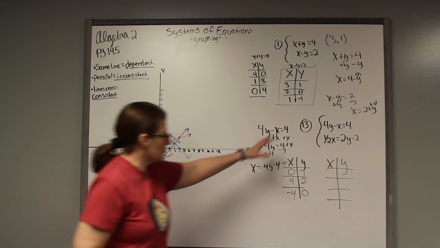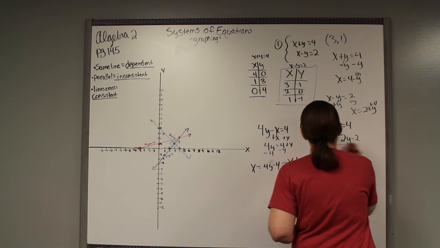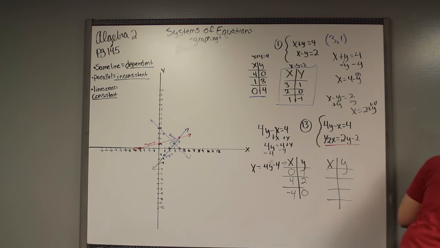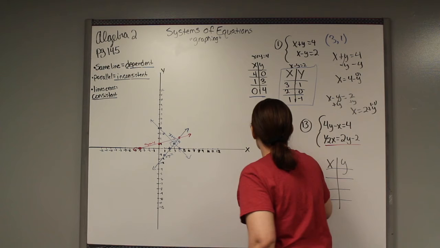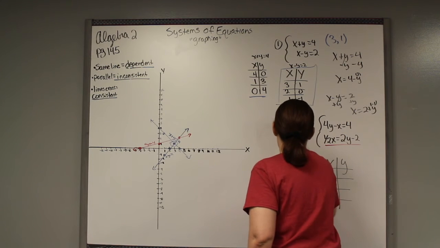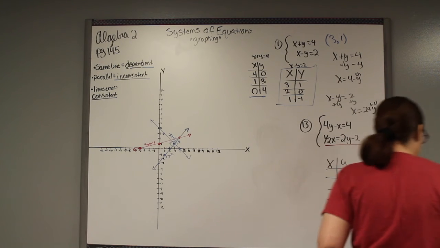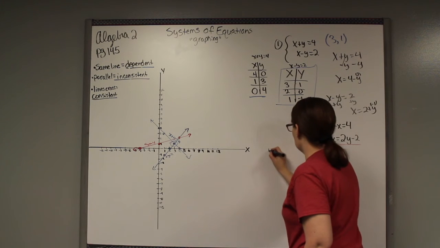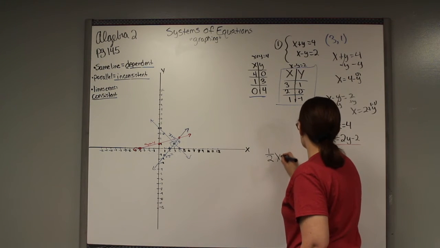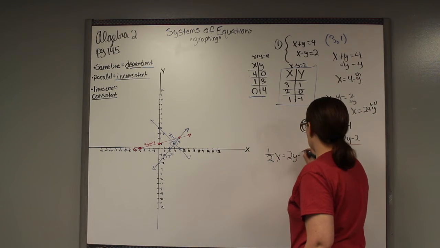And now I'm going to do the other one, this one right here, and work it out and see where they cross, if they cross. And if they don't cross, what will happen? So on this next one, I have 1/2 x equals 2y minus 2.